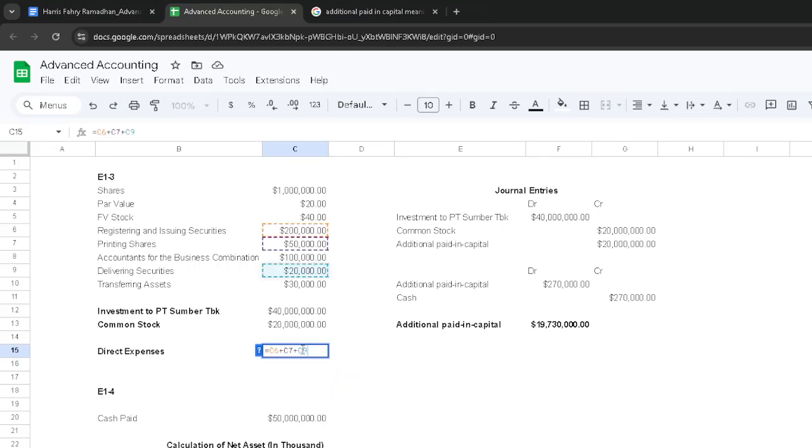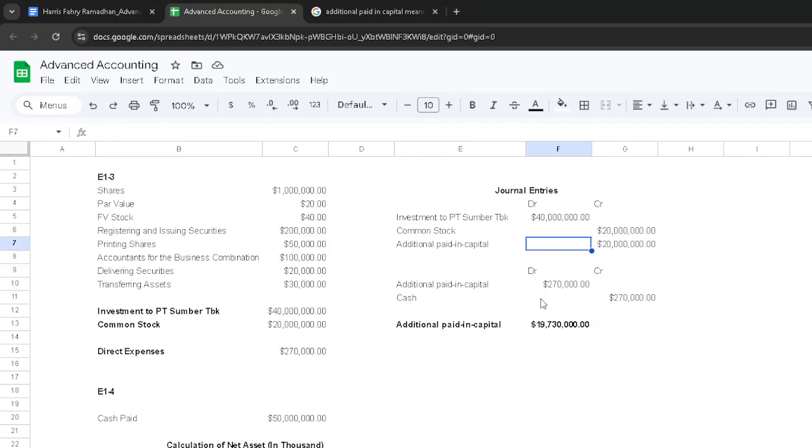Direct expenses are the type of costs that directly contribute to the issuing of shares, such as printing shares, delivering the securities, and registering. These are considered direct expenses. Then I use direct expenses to actually reduce the paid-in capital.